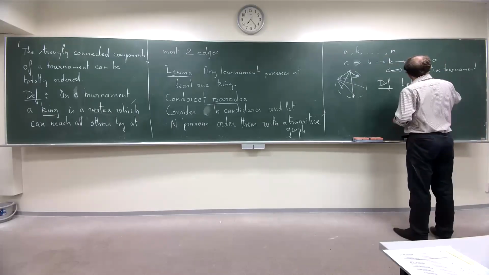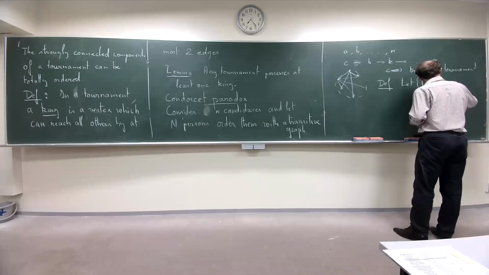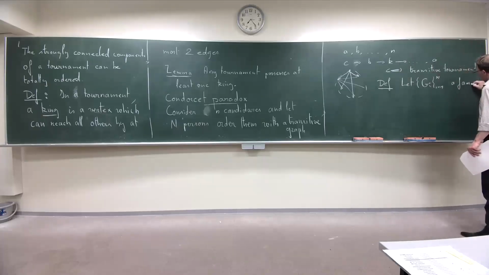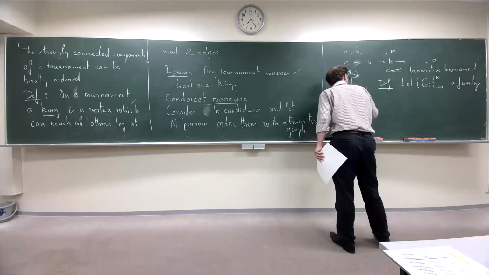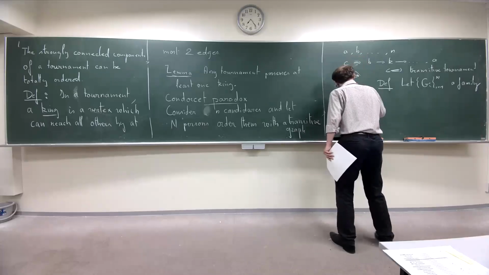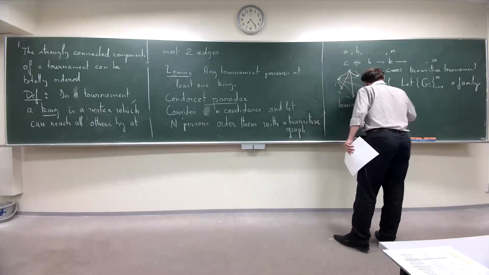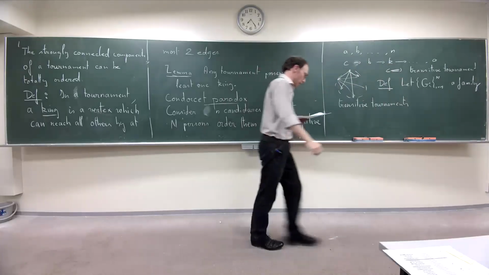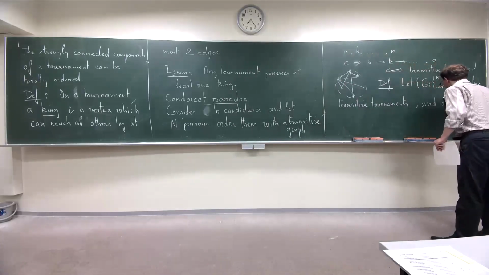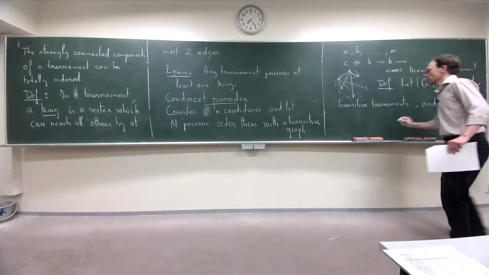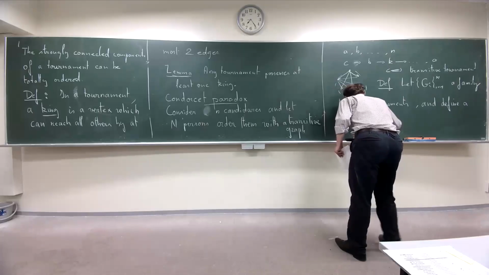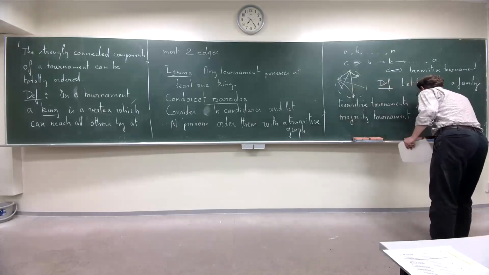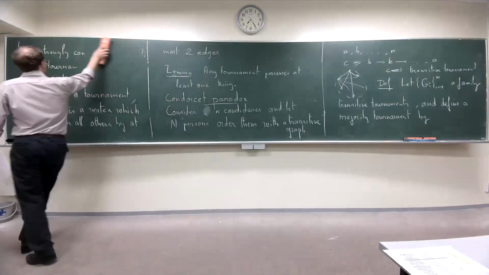So I consider a family of transitive tournaments, and define a majority tournament by a certain rule. And what is this rule? You can guess: majority.